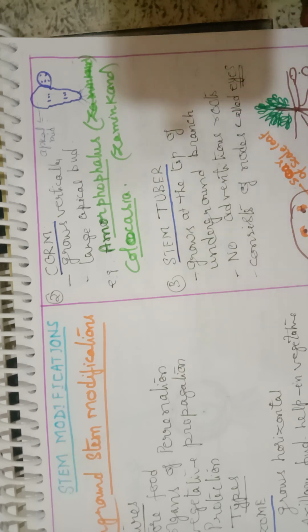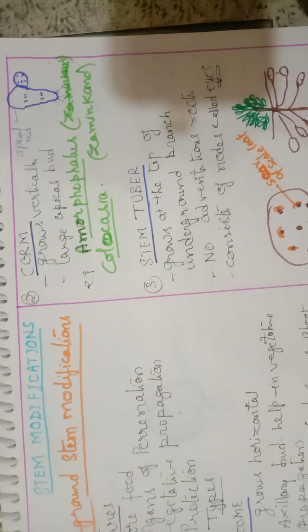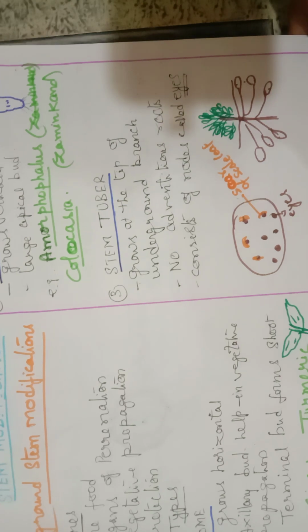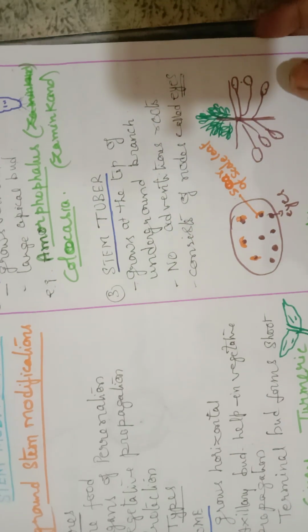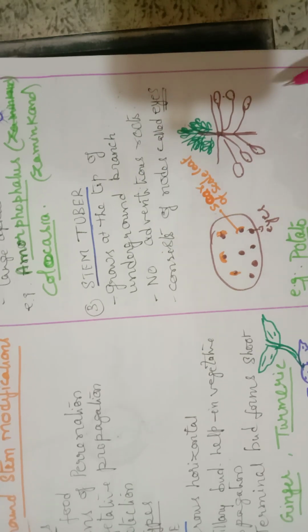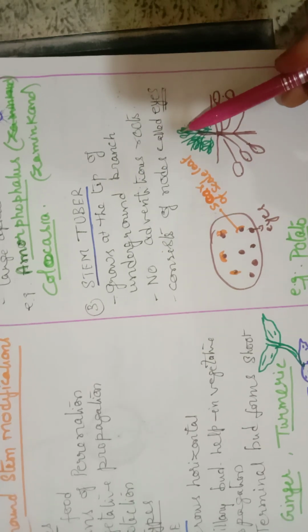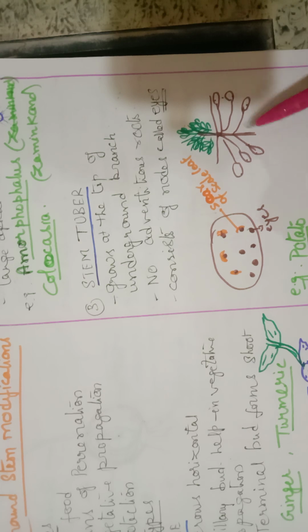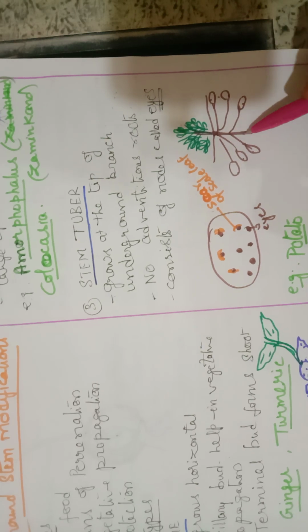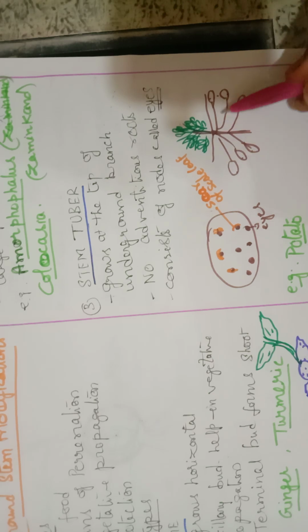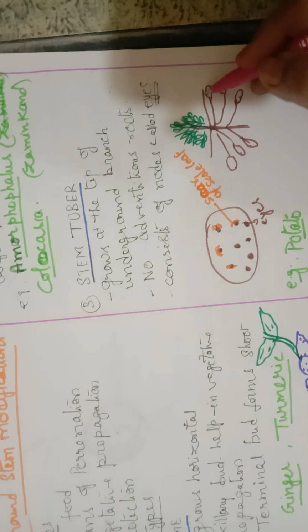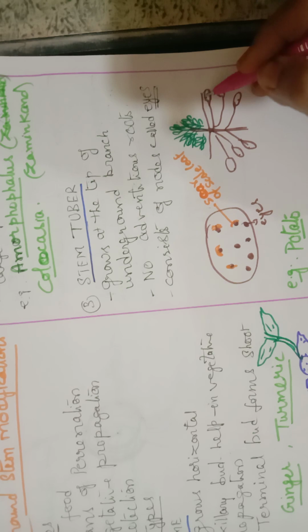Next, third modification is stem tuber. Stem tuber grows at the tip of the underground branch. So here, as we have shown in the diagram, part of the main stem grows underground. This is the underground part of the stem, and this will give rise to the branches. The tips of the branches will store food material.